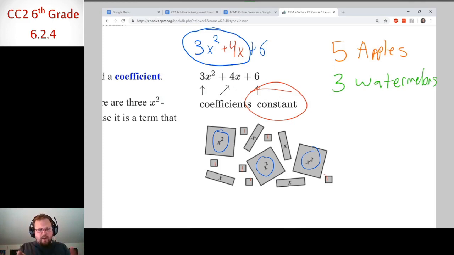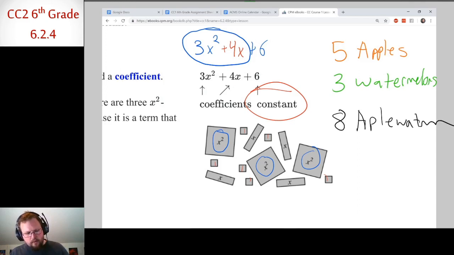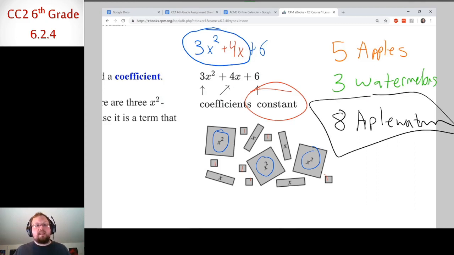There are very, very few of you, short of the most smart aleck students, who are going to say, well, you have 8 watermelons. That doesn't make any sense. You cannot combine 5 apples and 3 watermelons and all of a sudden you have 8 apple watermelons or something equally silly.